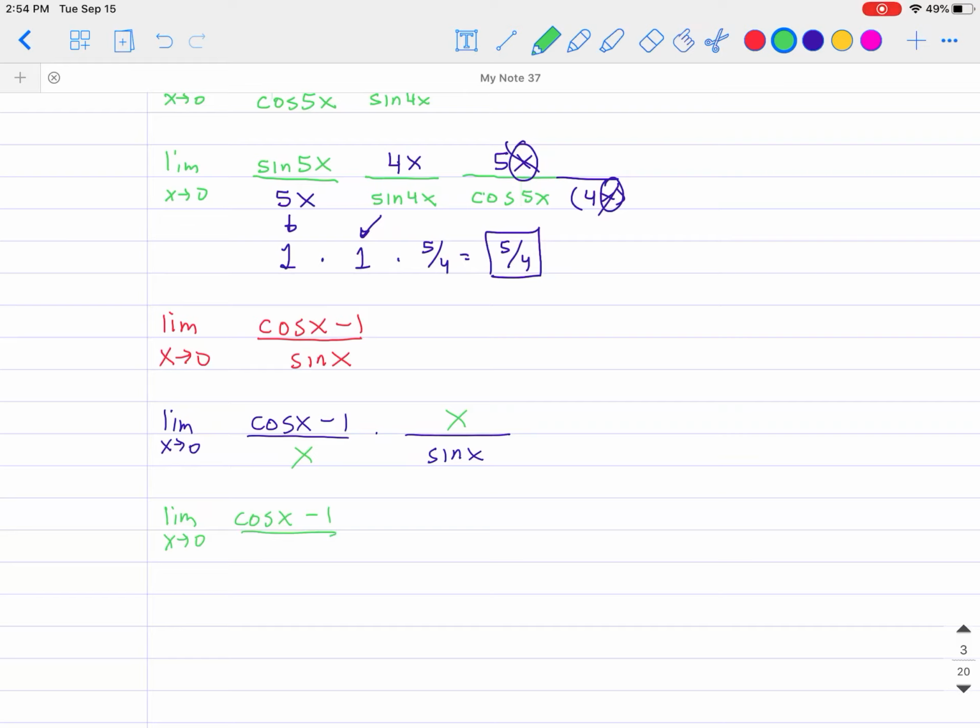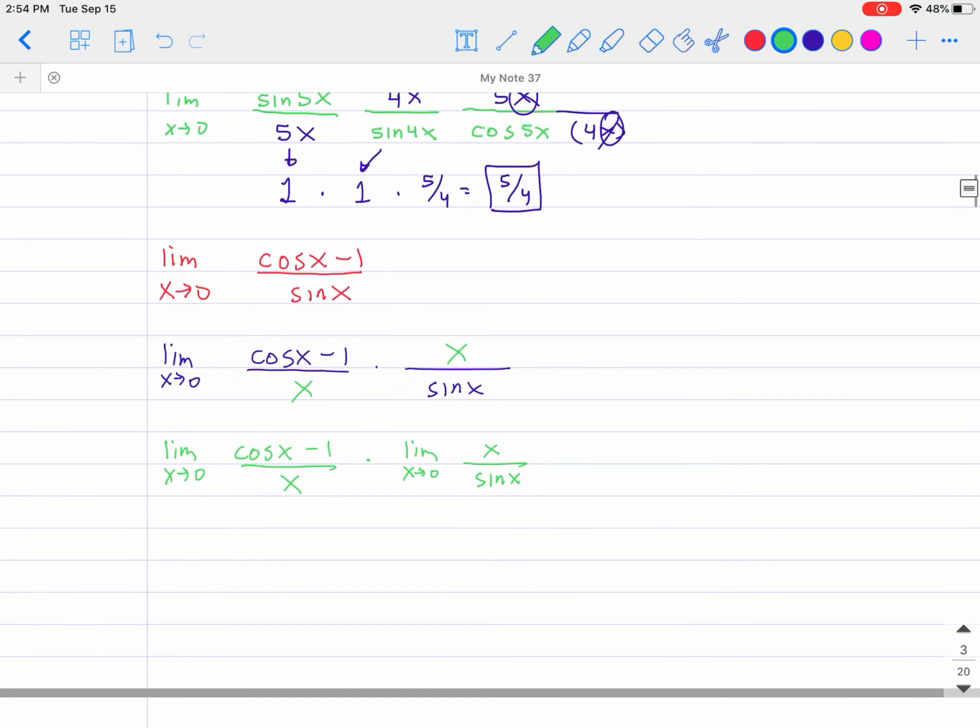Now that we have every piece that we need, we can say that this can now be split into two parts. Limit as x approaches 0 of cosine of x minus 1 divided by x, times the limit as x approaches 0 of x divided by sine of x. And this one, I'm not going to skip any steps because then you can see what I was talking about in the previous one. This guy definitely goes to 0, so that's easy.